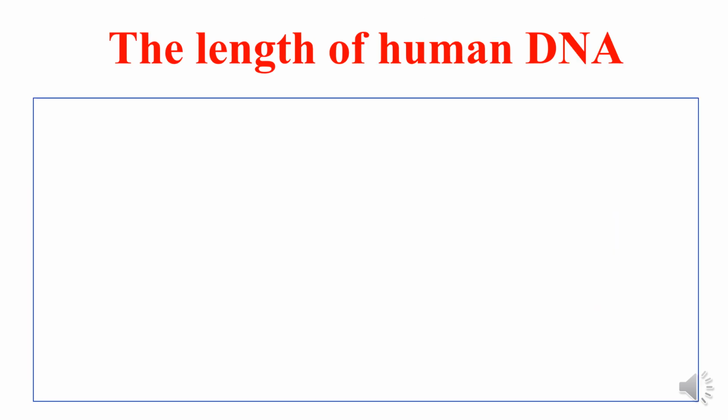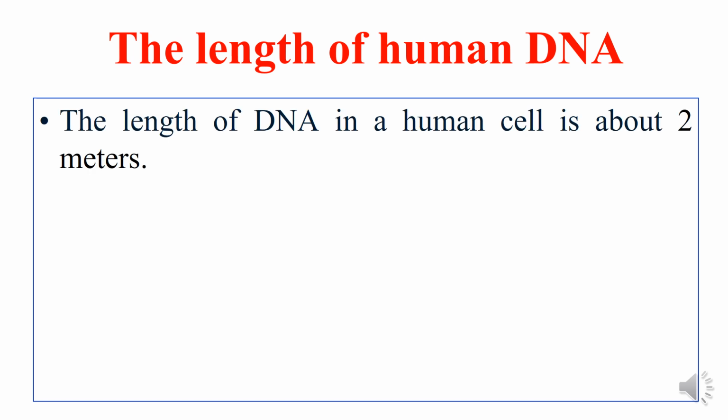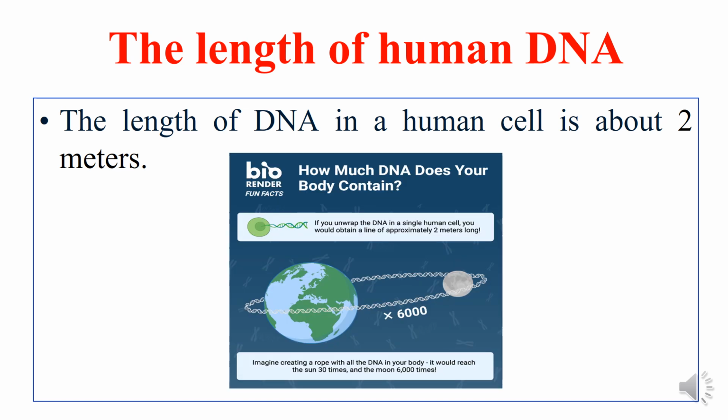The length of human DNA in every cell is around 2 meters, and if we sum up the length of all the DNA that is present in every cell of our body, then it comes up to about 30 times from Earth to Sun and back, whereas it is around 6,000 times the distance from Earth to Moon and back. So you can imagine the total length of the human DNA that is present in our body.